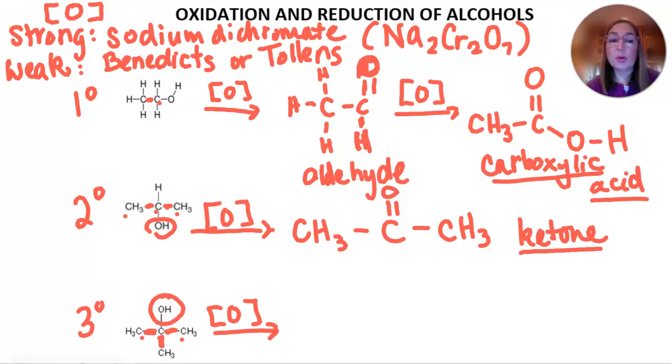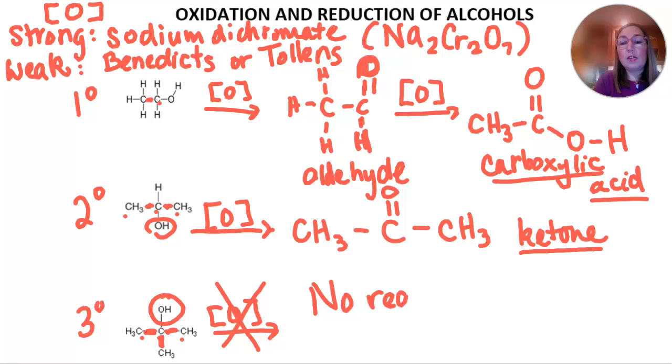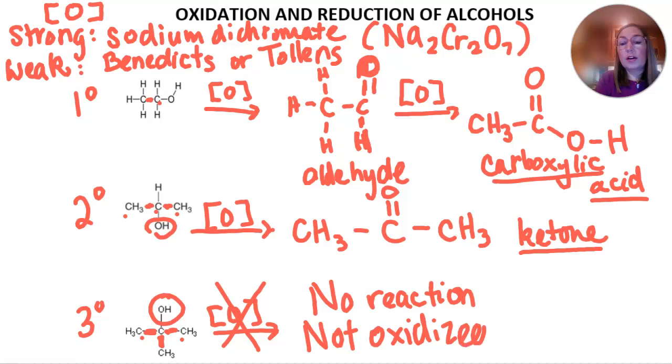It doesn't have room to lose a bond to hydrogen and gain a bond to oxygen. You can't lose any of those bonds to carbon. So unfortunately, nothing happens here. This one's going to be a no reaction, right? These can't be oxidized. Tertiary alcohols are just not oxidized, even with our strong sodium dichromate oxidizing agent.